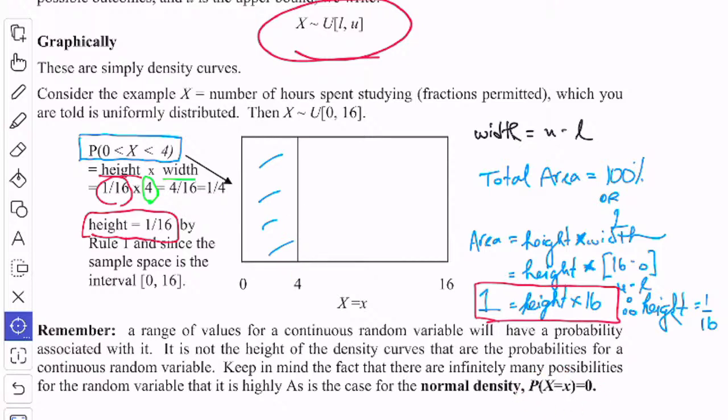We only calculate the range, the probability for the range of outcomes, not for a particular outcome. You can think of that as there's infinitely many possibilities. The chance that it's just precisely one of them is not how we use this graph. We don't use charts for that.